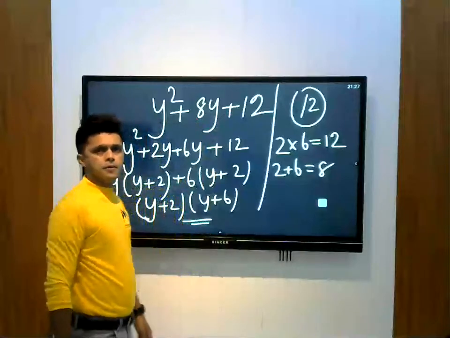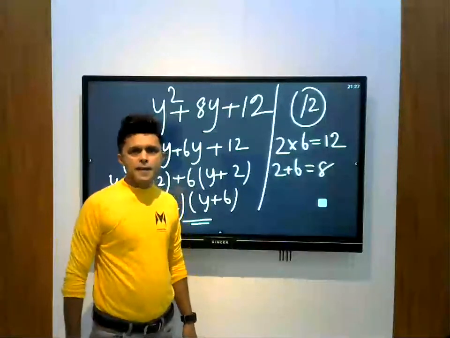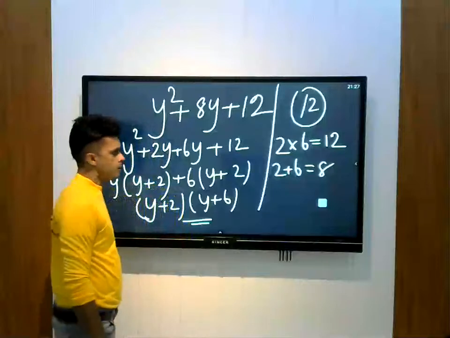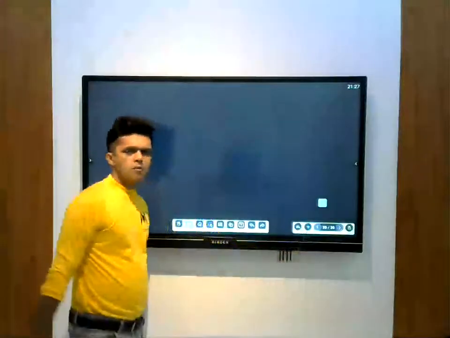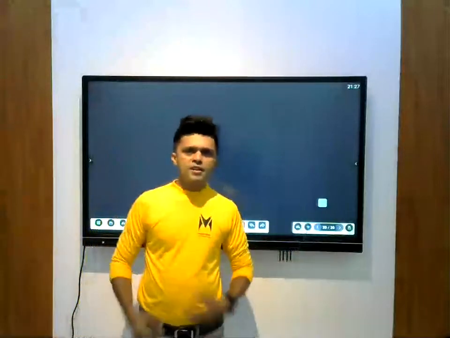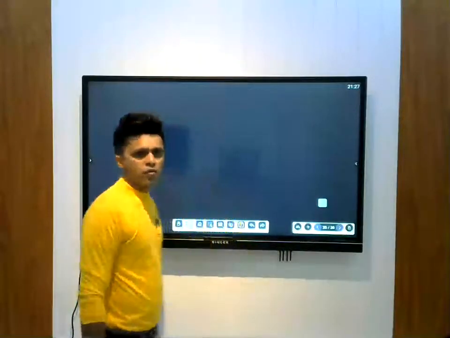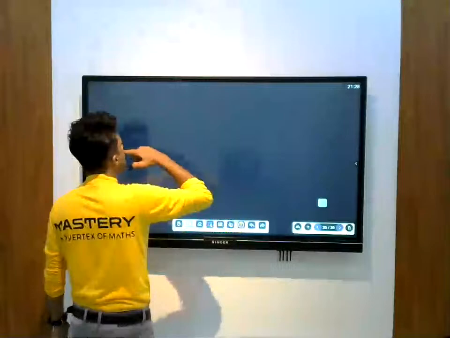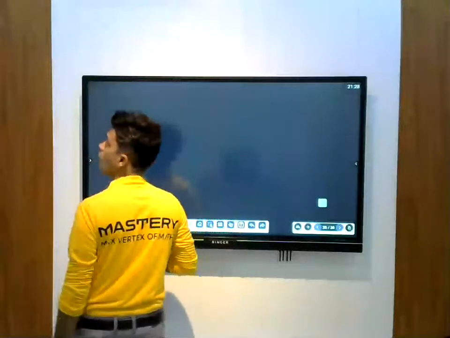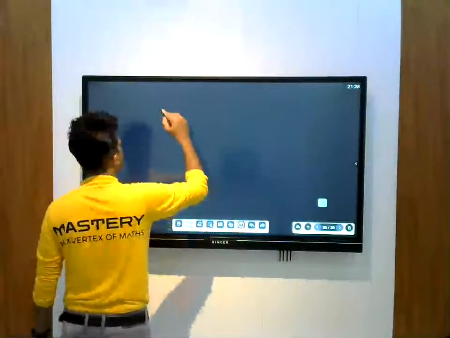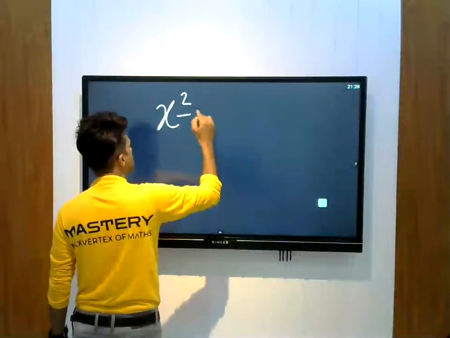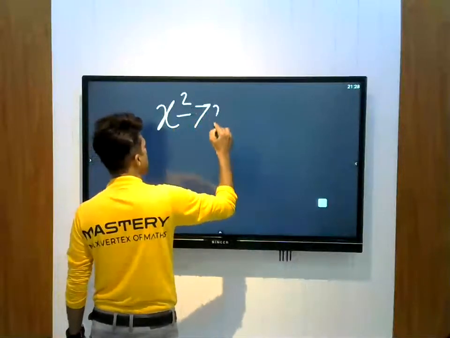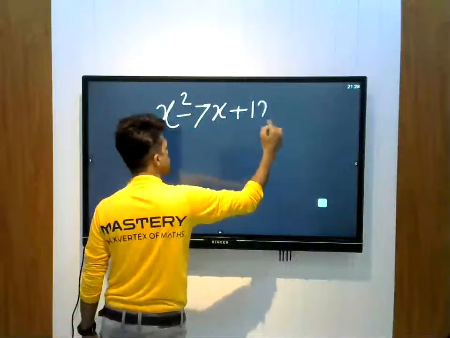Okay, how can you factorize this type of quadratic expression? This type of one, x squared minus 7x plus 12.